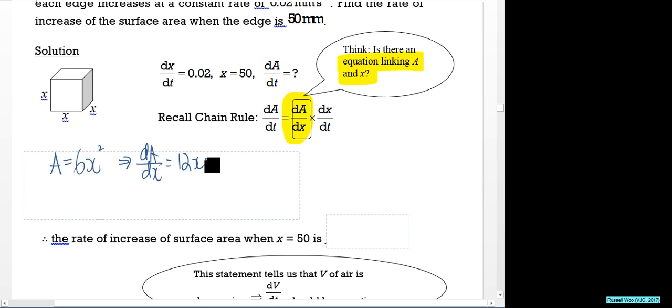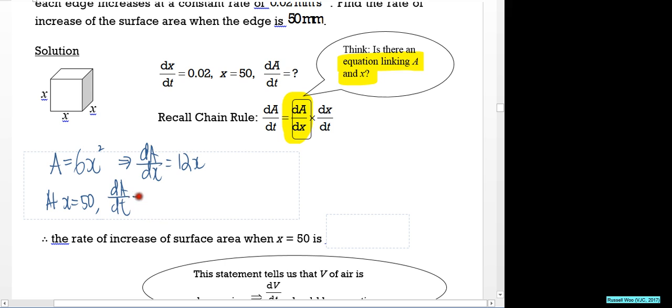I know it's easy, but don't make any mistakes in the exam. You have to differentiate first before substituting x equals 50. Because if you substitute x equals 50 here, you got A equals constant, you differentiate, get 0. Doesn't make sense. For what I'm saying, you got to differentiate first, then you substitute at x equals 50.